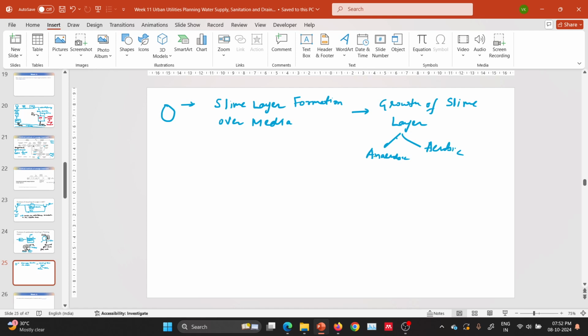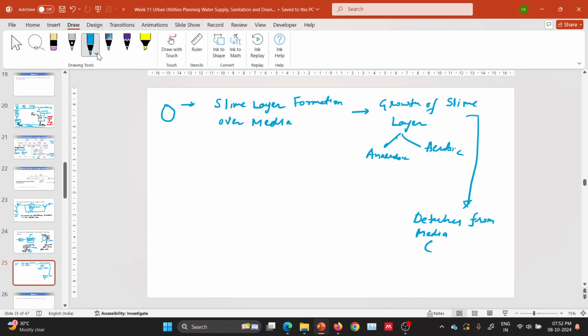Because the anaerobic layer cannot get oxygen and food, it detaches from the media, and that process is called sloughing. So slime layer and sloughing, these are the two terms.